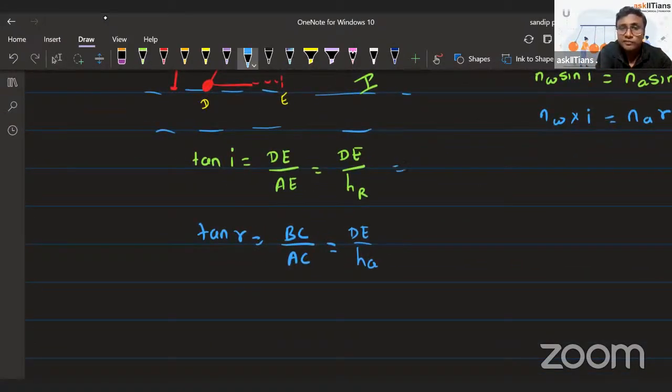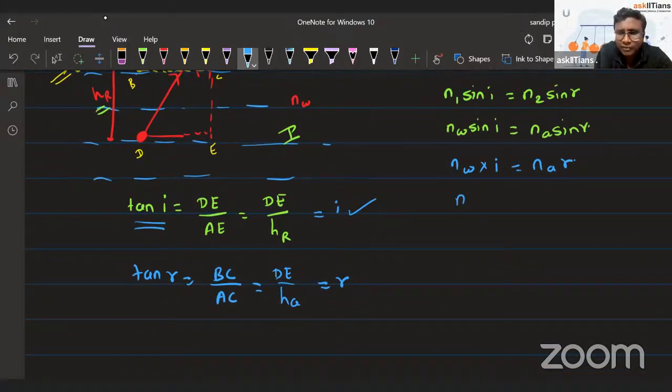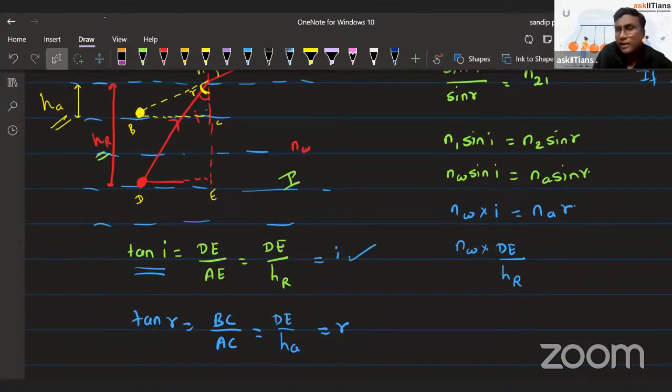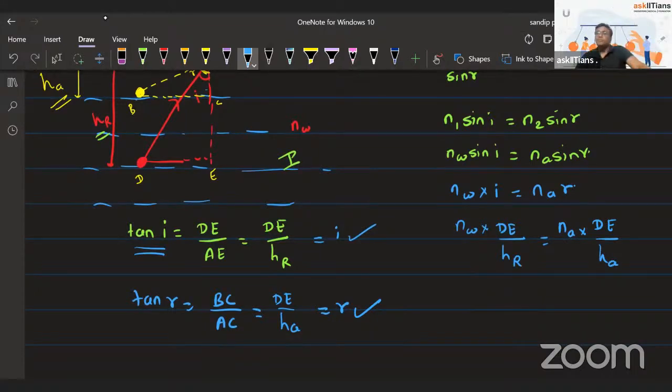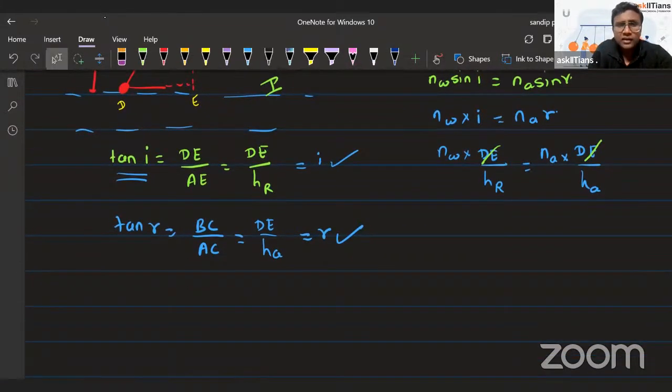Here also, tan I is equal to I, and this one is your R. So just substitute the value of I here. N water into DE upon HR, meaning the real depth, is equal to N air, the refractive index of air, into DE upon HA. HA means the apparent depth, that's what we need to find out. So what will happen in this case? DE cancels, right? So we need to find HA. Let's take HA to the other side.